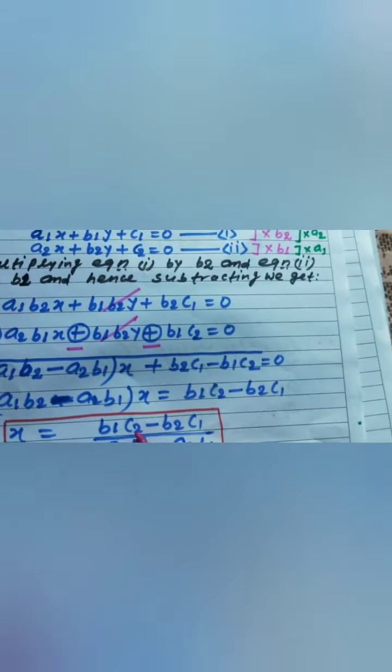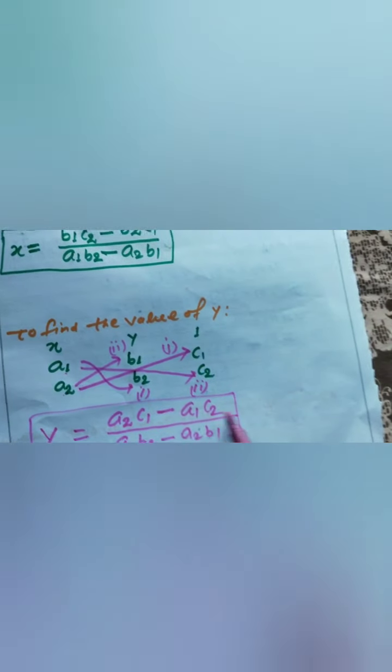Here also we have got b1 c2 minus b2 c1, and in the denominator a1 b2 minus a2 b1. So in this way you can find the value of x and y by the method of cross multiplication.